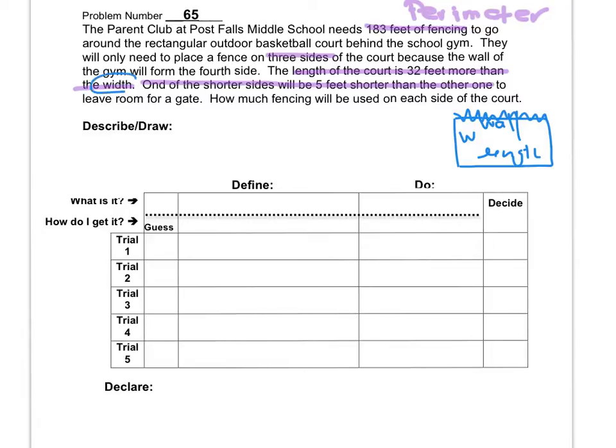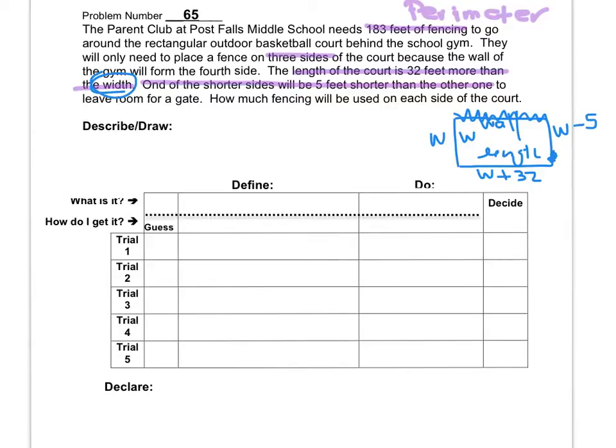So if I knew what the width was, I could figure out the length. Let's let the width be W, and then the length is W plus 32. And then one of the shorter sides, so I'm going to pick one of the 2 widths, is going to be 5 feet shorter than the other one for a gate. So here's my gate, so I don't need a fence there. Whatever the width was, I'm going to subtract 5 because it's 5 feet shorter.